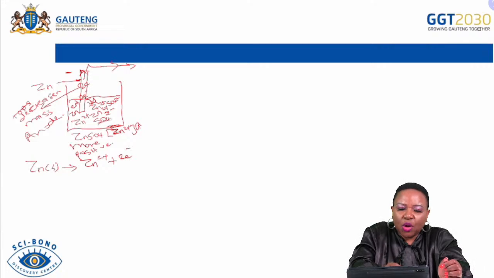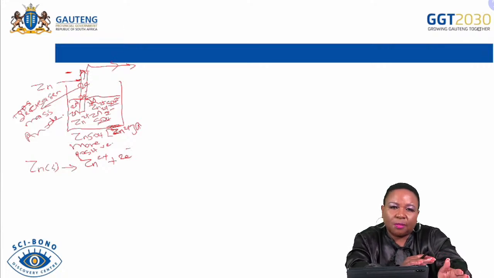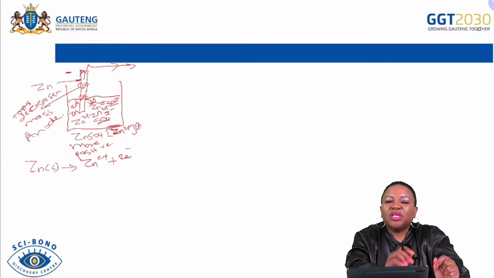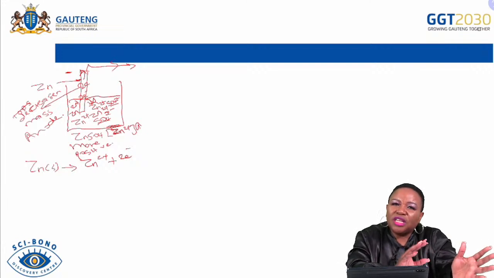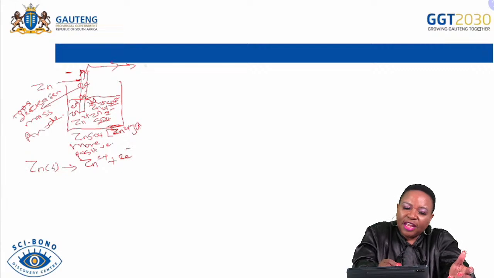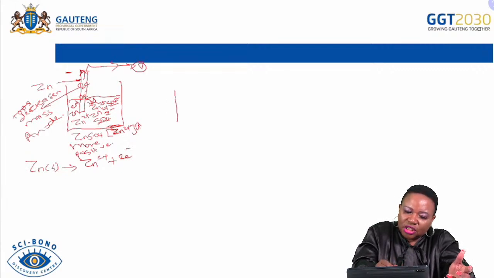Remember, the sulfate ions are still there, but they are not changing. So the electrolyte is now having more positive ions and fewer negative ions. And we say the side of the zinc electrode is now more positive. Then the electrons will move to the side where there is a reduction.